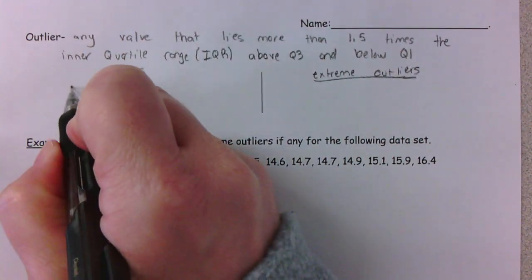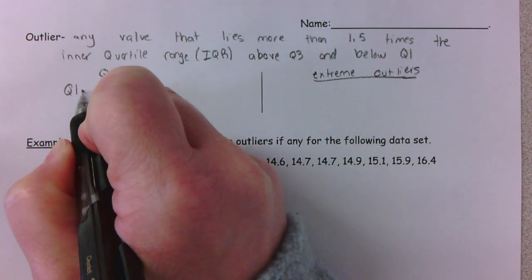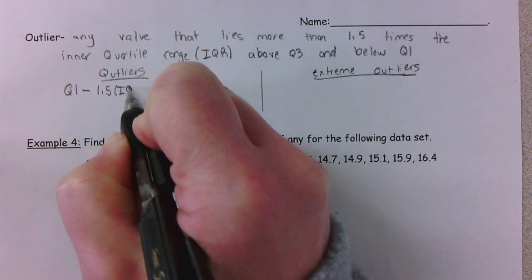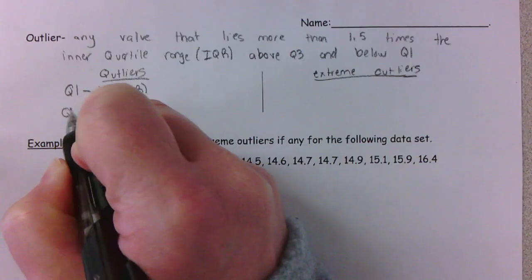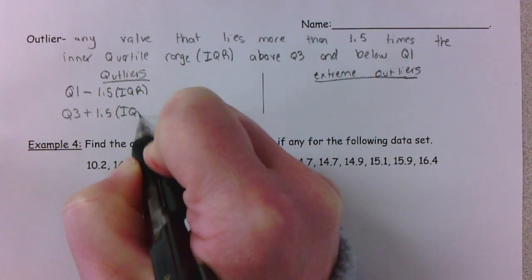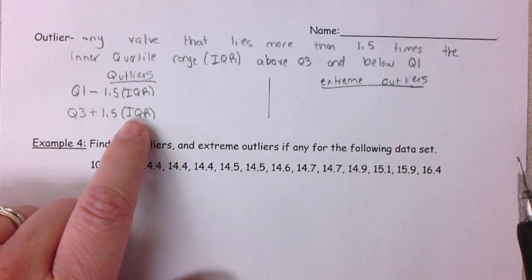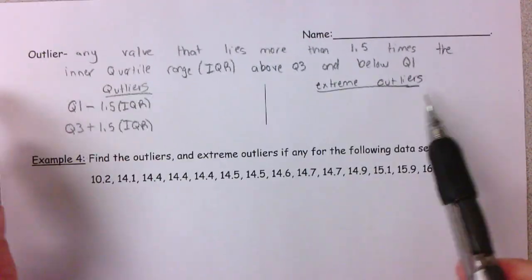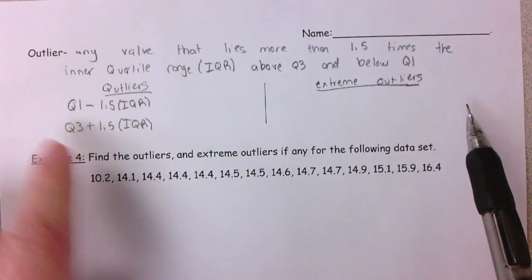So I want Q1, and I'm going to subtract 1.5 box lengths, which is the IQR. Or I'm going to take Q3, and I'm going to add 1.5 box lengths, which is the IQR. Okay, so we can multiply 1.5 times the IQR, subtract it from Q1, but add it to Q3 to get those outer bounds.